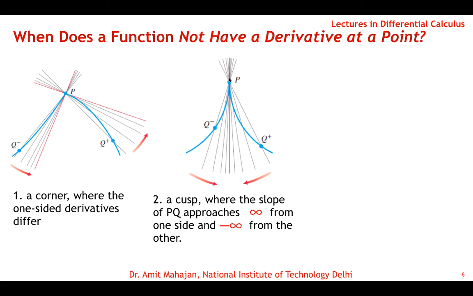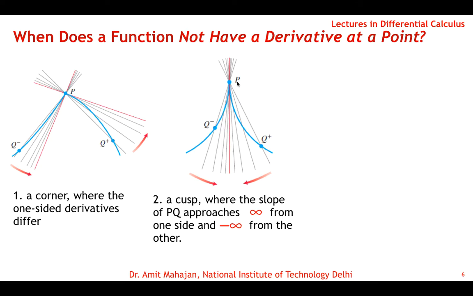If I take this q minus point, and this q minus moves towards the point p, what happens to this secant line? It moves in this direction. This is a positive slope, and this positive slope becomes vertical, so that means this slope becomes plus infinity.